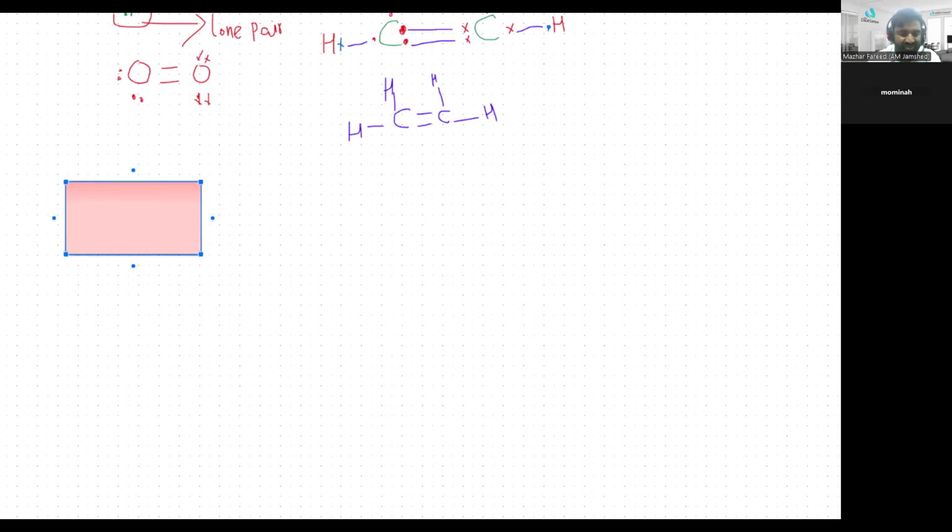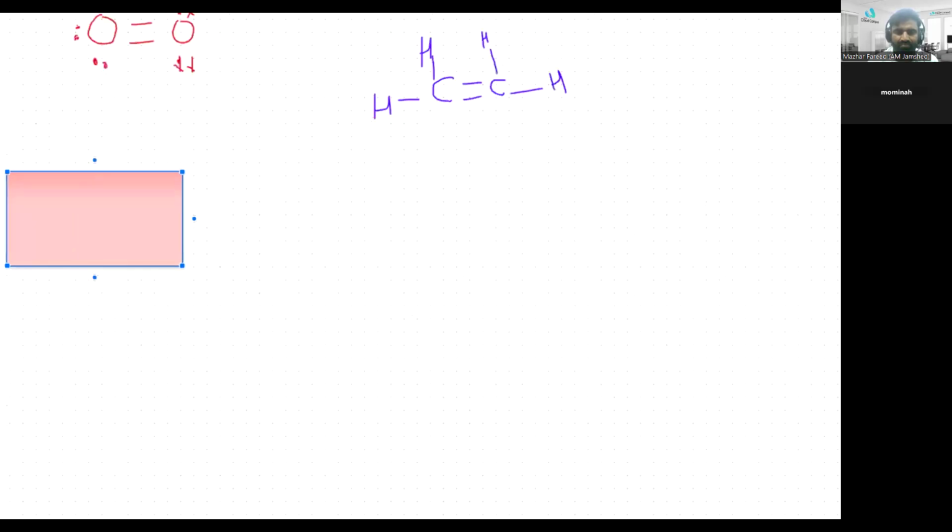Triple covalent bond. How will you define the triple covalent bond?